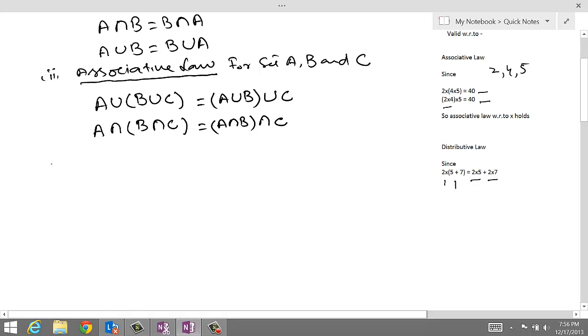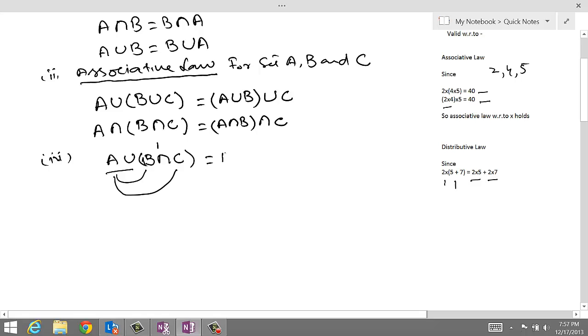Now we will discuss that union is distributive over intersection. So we can keep the union outside. A union B intersection C is same as, if we want to distribute, let's do this and then do this with C. This one is going to be the same.